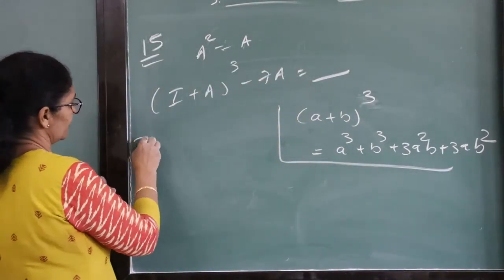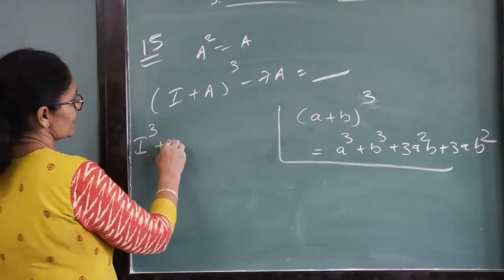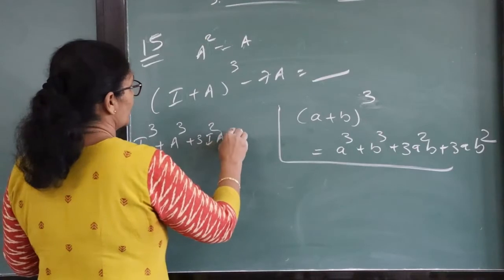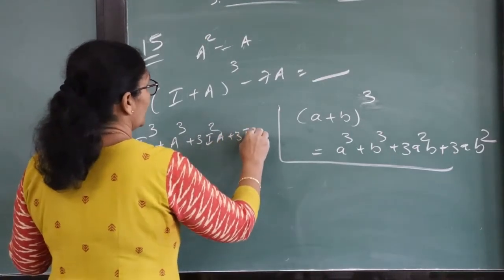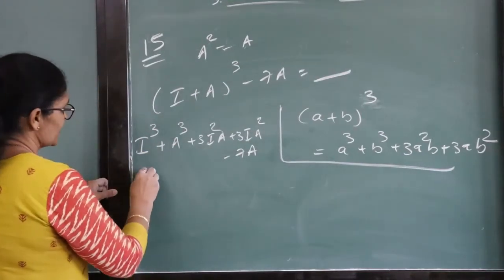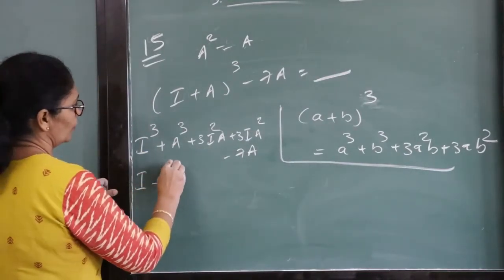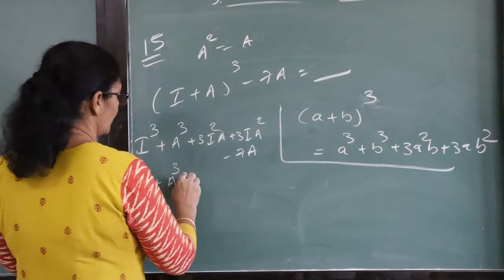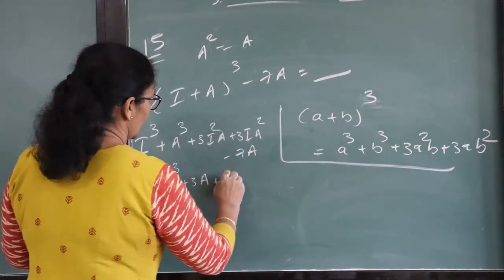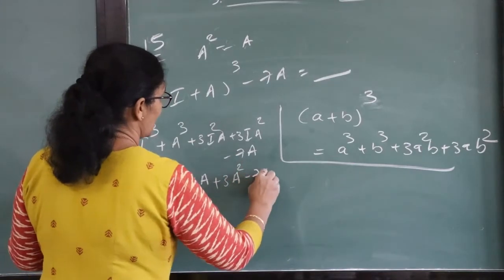So let's write it here: I cube plus A cube plus 3 I square A plus 3 I A square minus 7A. I cube means I only, A cube we keep as it is. I into something means that something only. 3A square is as it is, minus 7A.